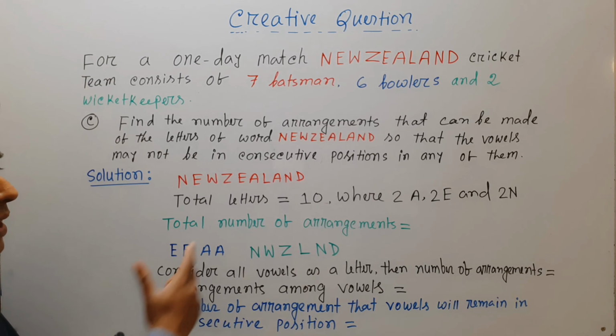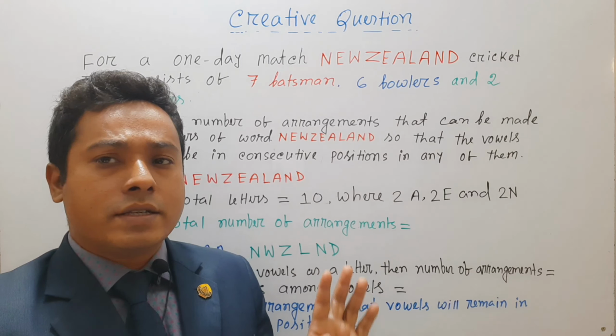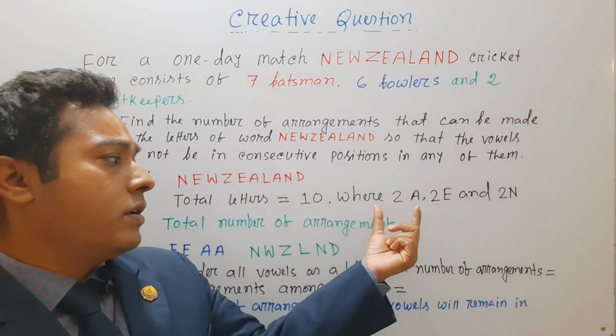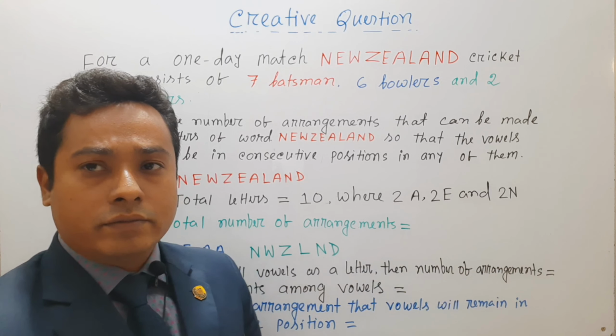So for the total number of arrangements, dear student, total letters is 10, and the same kinds are 2A, 2E and 2N.